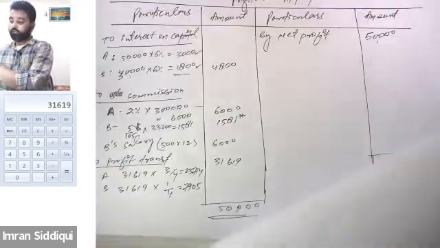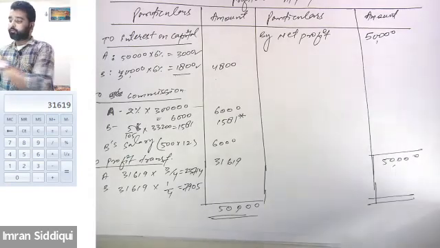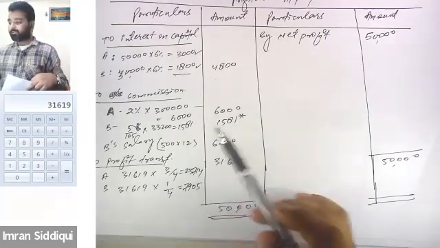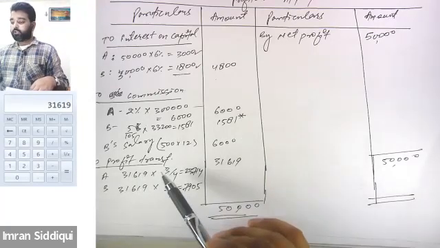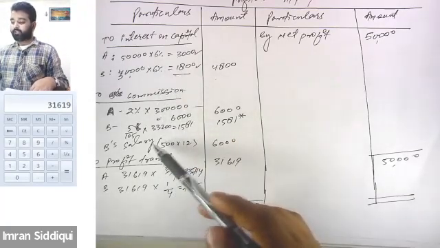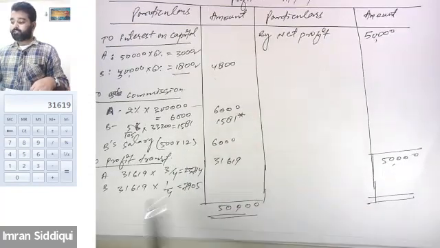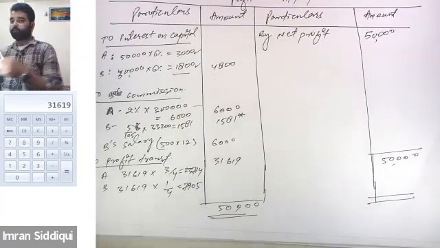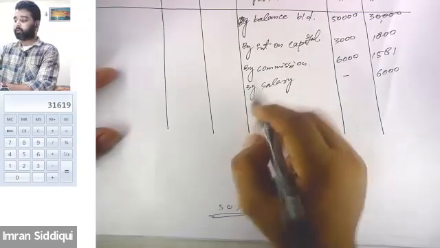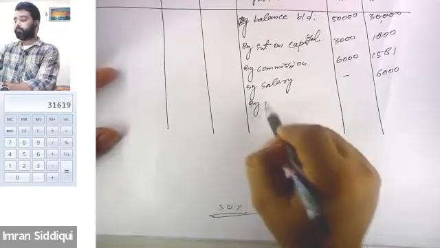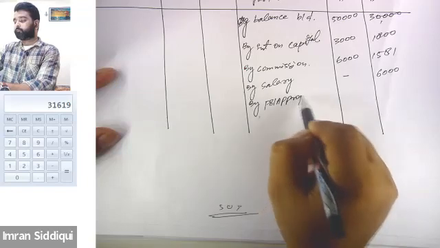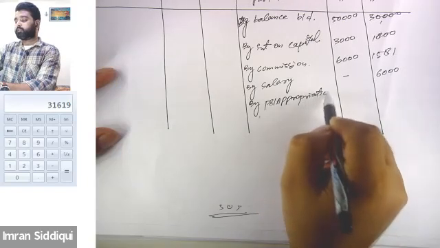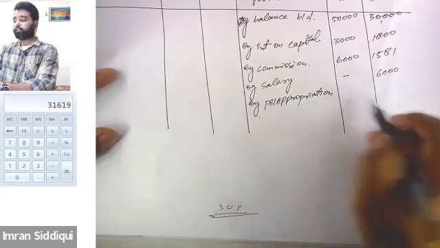After that, we will look at the P&L appropriation again and check what other income both the partners have generated. Now you can see, other than commission, interest, and salary, profit is transferred to Mr. A and B. So we will come back to the partners' capital account and write down by P&L appropriation. This much profit is being transferred from the P&L appropriation.